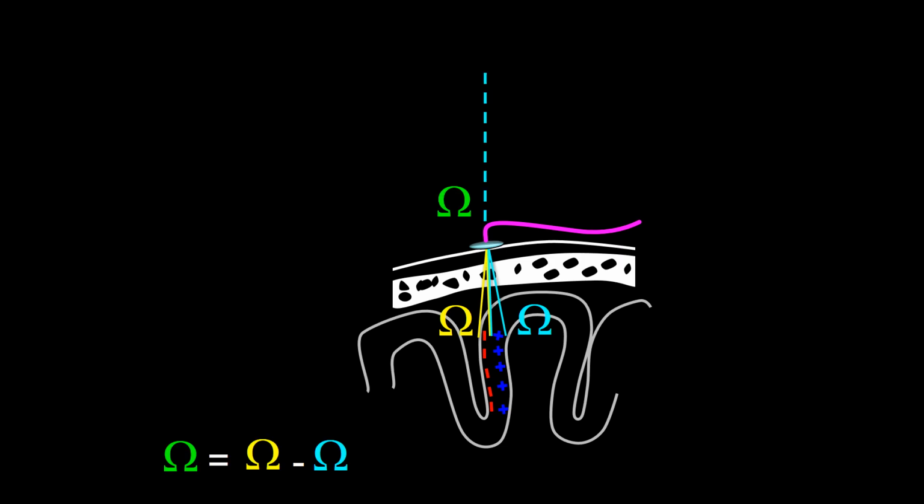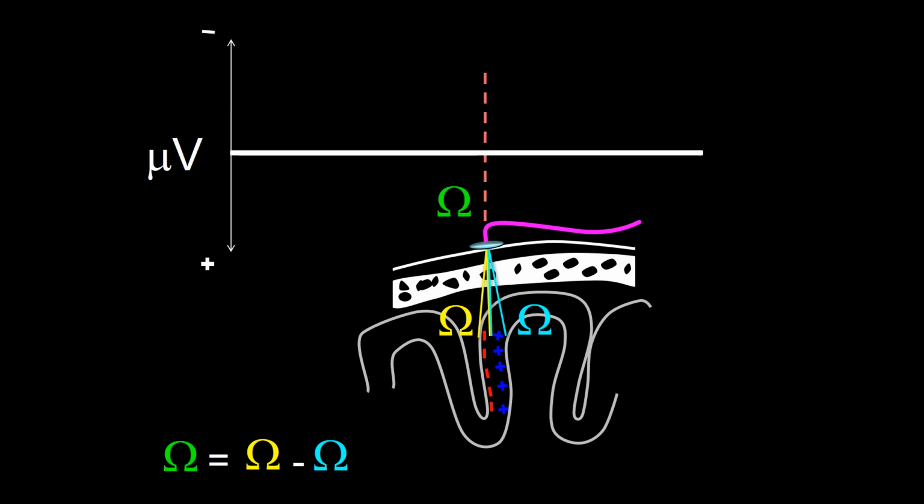The addition of these two angles, due to their negative and positive polarities, will subtract each other, thus yielding no potential. A more visual exposition can be viewed by introducing a voltage line.